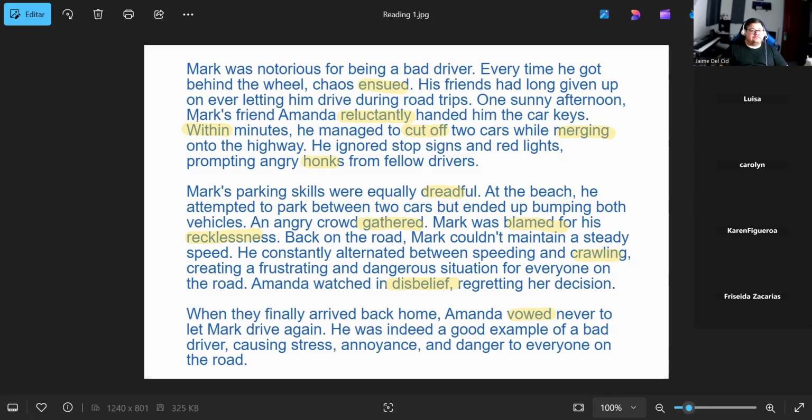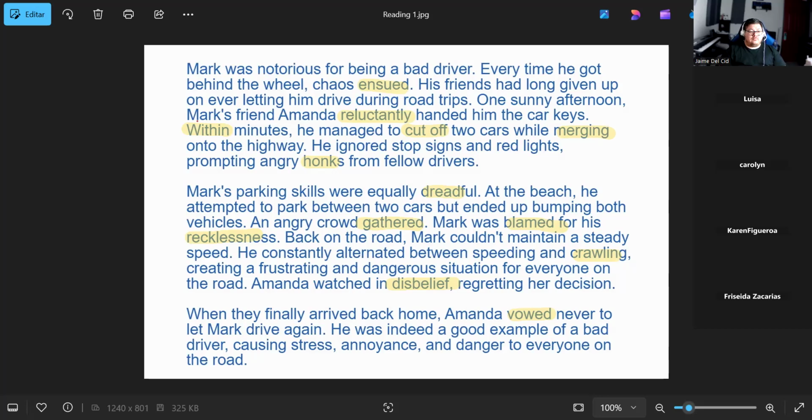Mark's parking skills were equally dreadful. At the beach, he attempted to park between two cars but ended up bumping both vehicles. Back on the road, Mark couldn't maintain a steady speed.